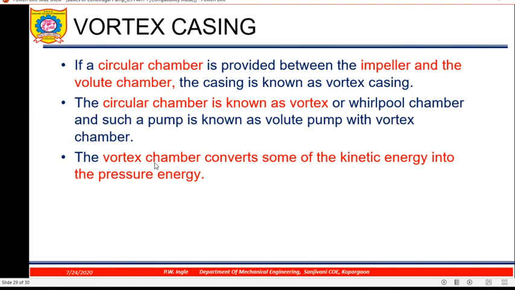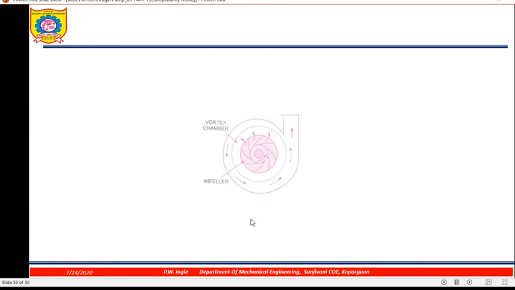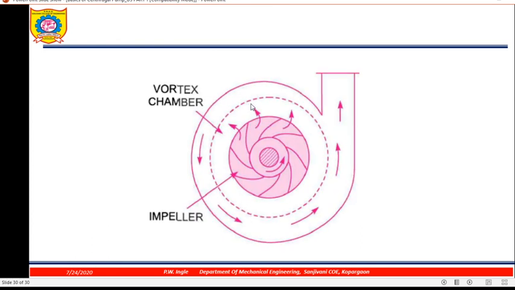What is the use of vortex chamber? Vortex chamber converts some of the kinetic energy into pressure energy, and volute chamber further increases the pressure energy, thus more efficient than volute pump. So this is why the vortex chamber is provided.